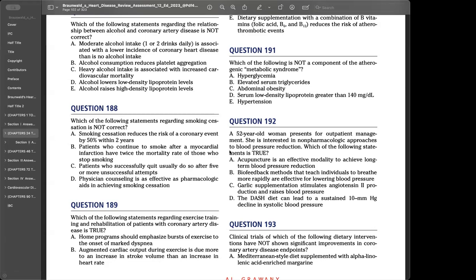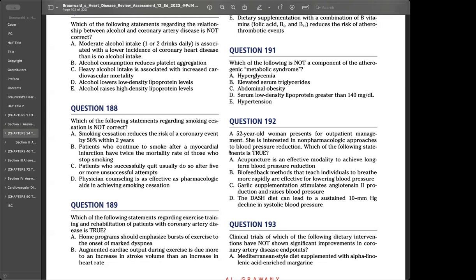Option C, garlic supplementation stimulates angiotensin II production and raises blood pressure. Garlic contains a compound called allicin, which inhibits angiotensin II production, thus leading to vasodilatation and thereby reducing blood pressure.